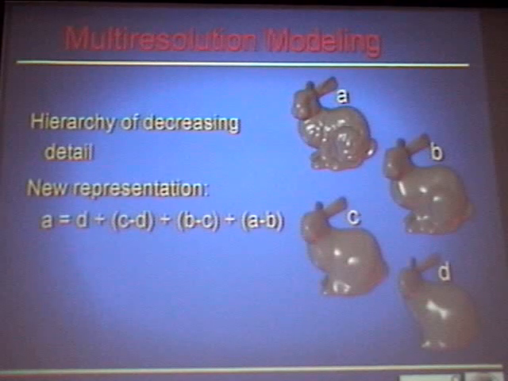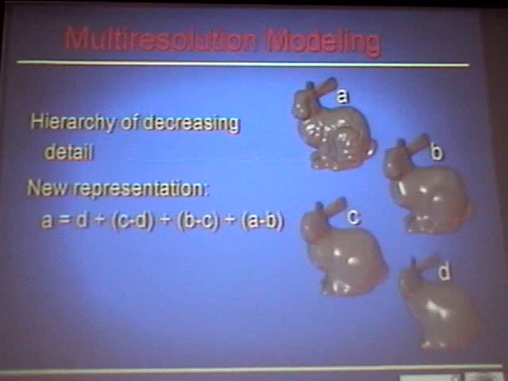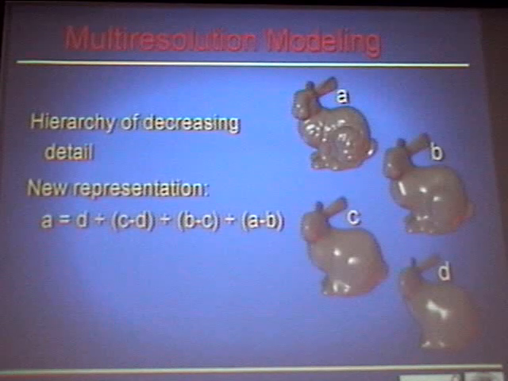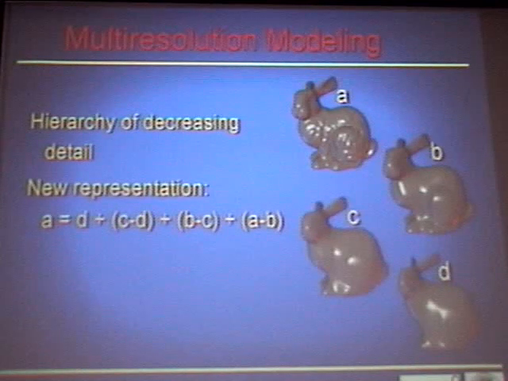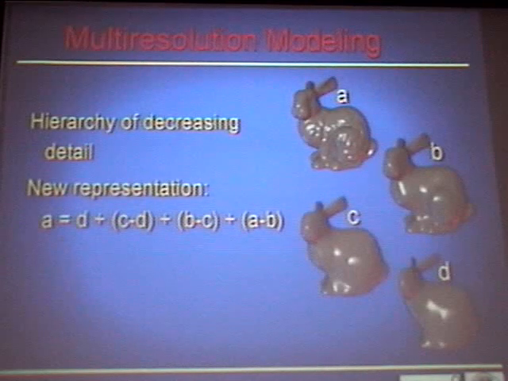So basically what we're doing here is we're starting with an object A, then we're running our favorite mesh decimation algorithm, and we organize the algorithm in such a way that vertices are removed more or less evenly over the object. And we don't just run one step of the algorithm, but we run the algorithm until we have reduced the number of vertices by a factor of 2.